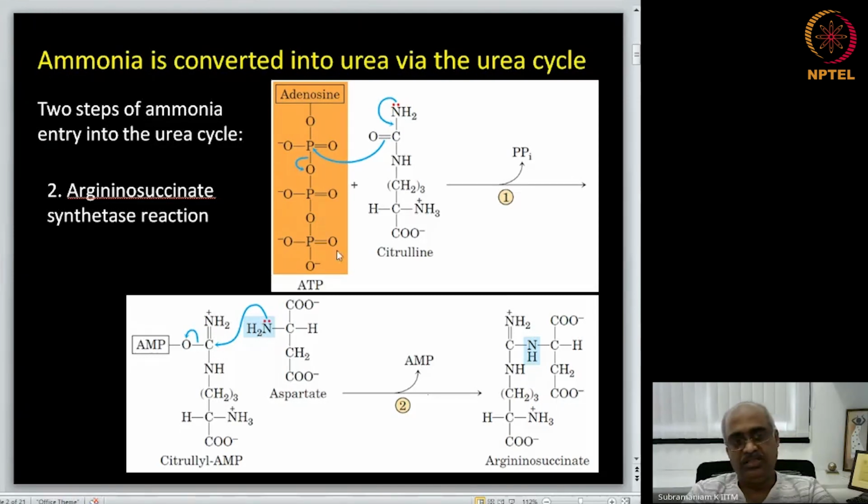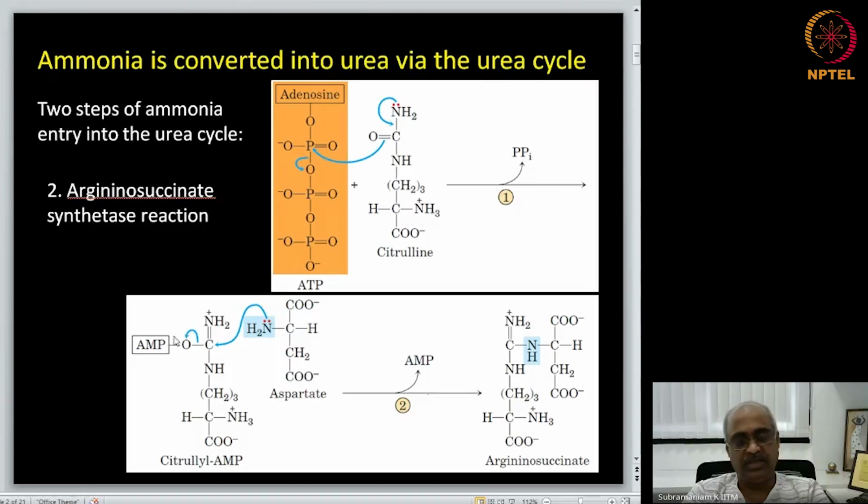So this reaction combines citrulline and aspartate to form argininosuccinate. The intermediate activation step is the citrulyl AMP formation, and the second step is simply removal of the AMP.